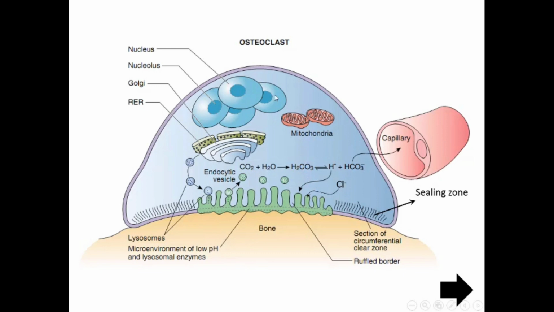Now we want to know how this cell can resorb or destroy the bone. At first, these cells firmly attach to the bone. You can see here we have a bone matrix. The attaching area is called the sealing zone.